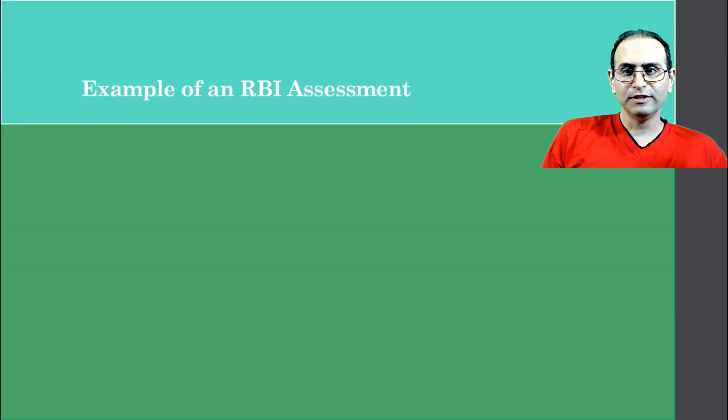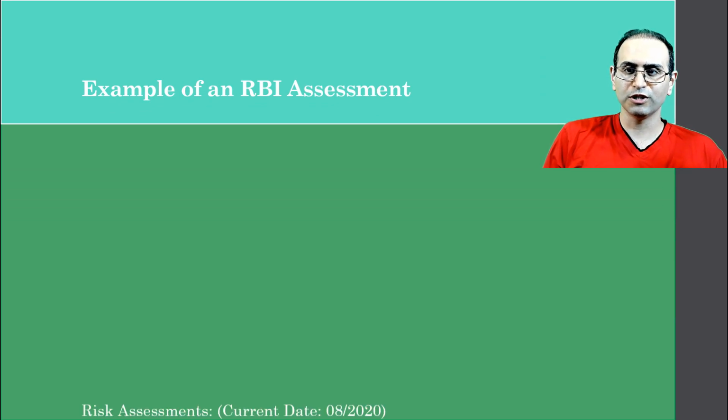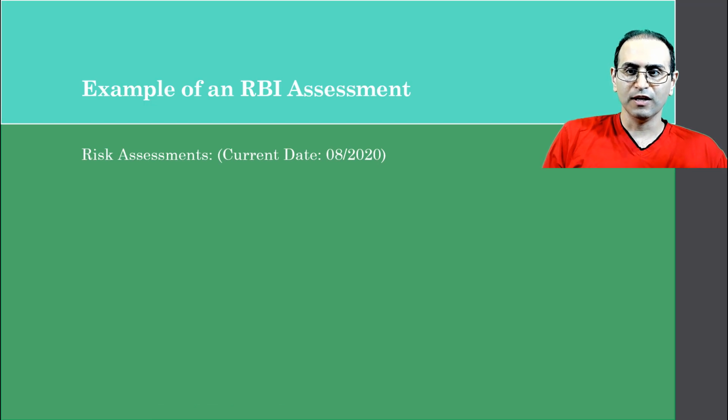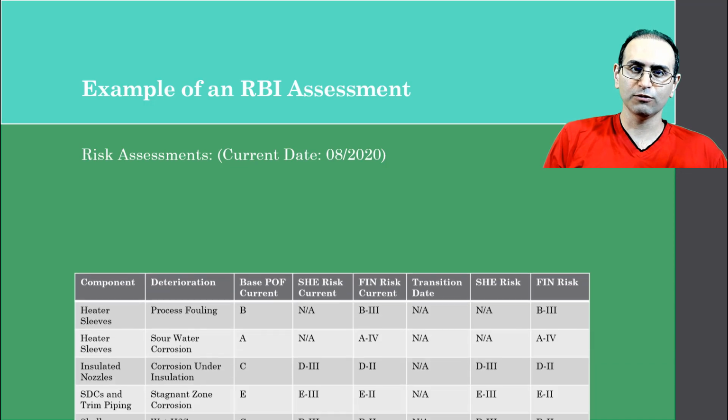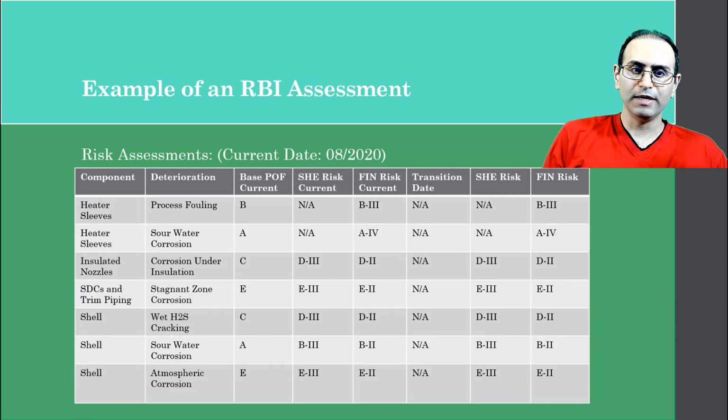So after we determine these numbers and do the risk assessment on every corrosion mechanism, we determine the risk for every single corrosion mechanism based on the current date and based on the future transitions. As you see here, we have a list of components at the left, and then we have deterioration mechanisms applicable to them.